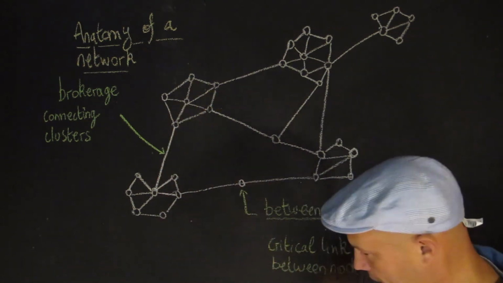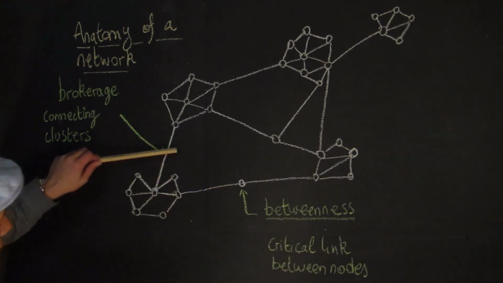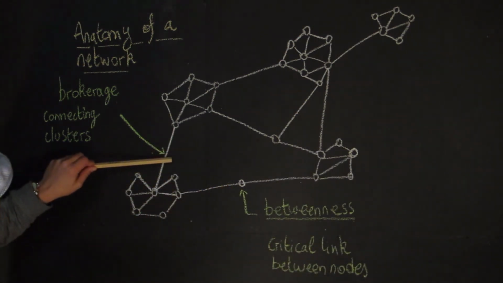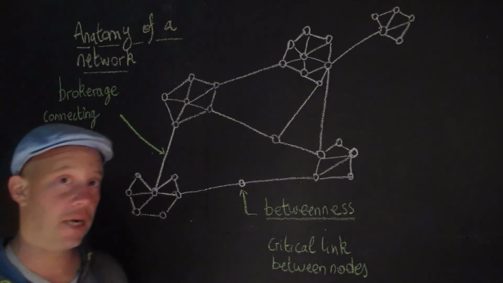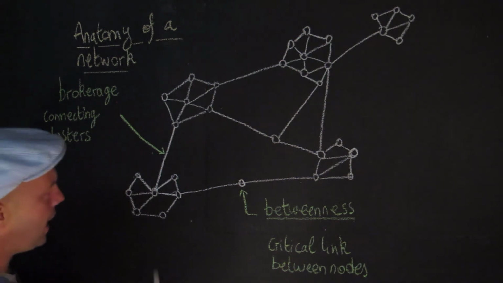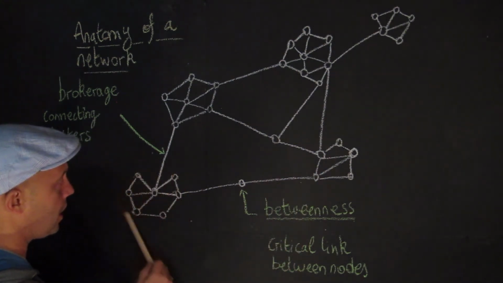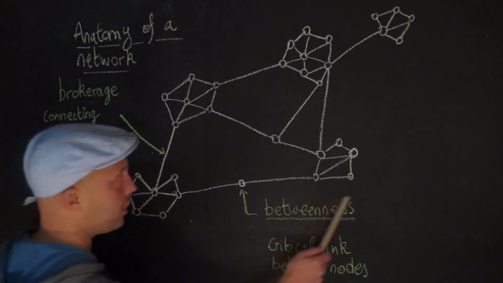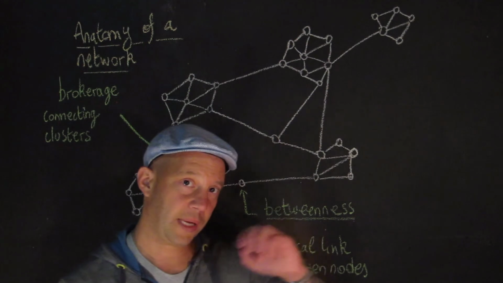Now interestingly enough, if this link here disappears, then you have these two clusters that are not connected anymore. Likewise here, you may have one cluster here and another cluster here, and there is that one single person that is able to make that linkage.